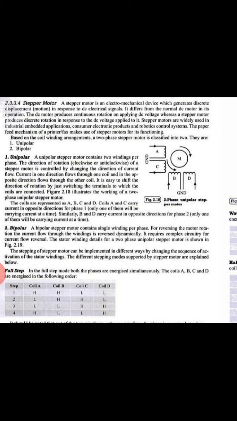The stator winding details for the two-phase unipolar stepper motor and the bipolar stepper motor can be implemented in different ways by changing the sequence of activation of the stator windings. The different stepping modes supported by the stepper motor are explained.